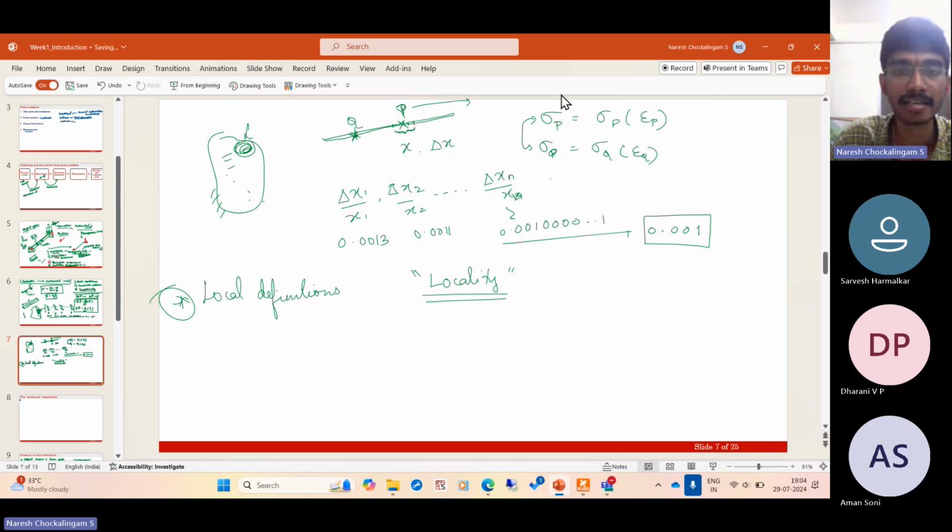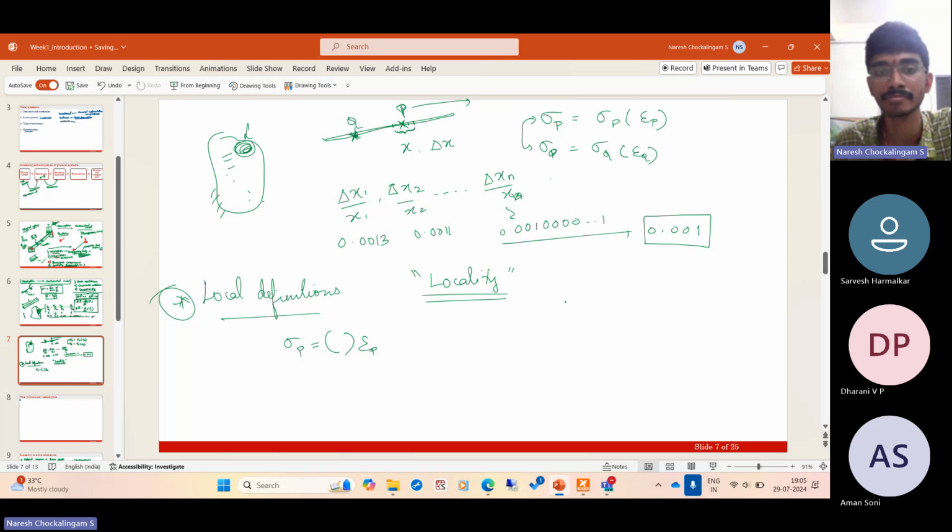There are certain non-local models for some advanced materials, but at the lowest length scale, things are always local. There is no reason why this point will get to know instantaneously about the strains at some other point. So locally, there is a relationship between the stress at point P and the strain at point P. What is linearity?